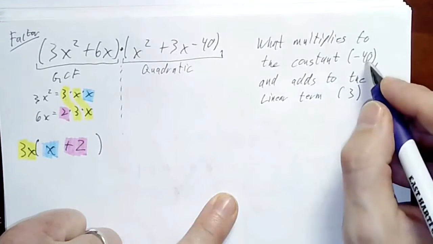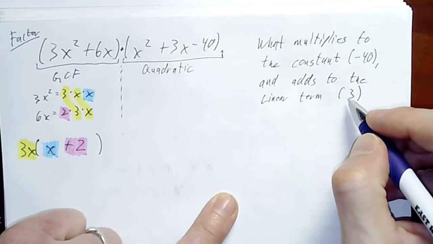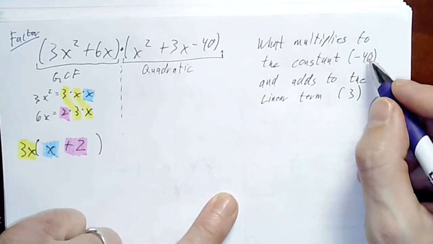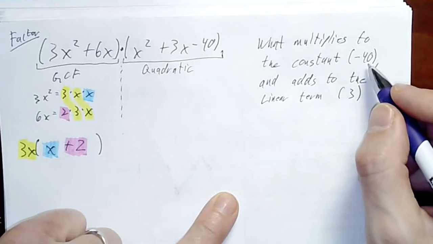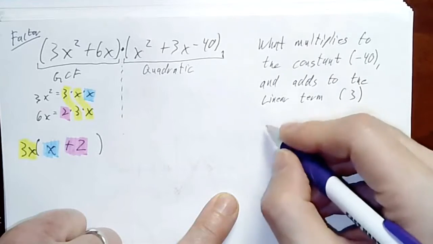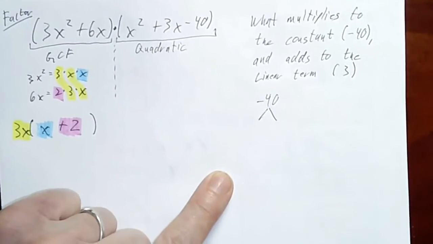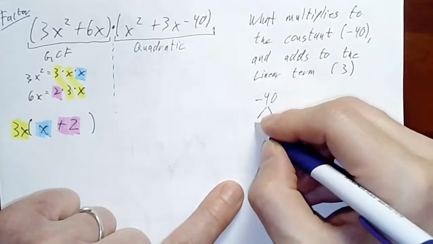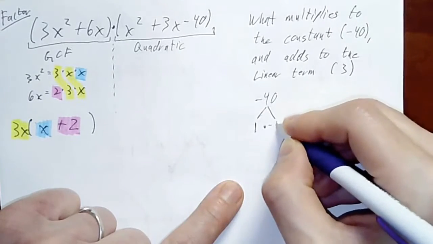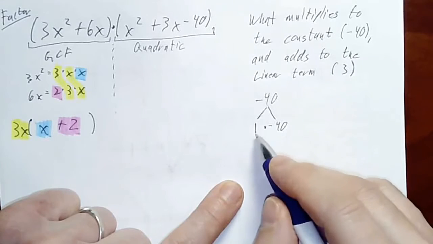So what multiplies to negative 40 but adds to 3? The easiest way to do this is to rewrite negative 40 as factor pairs. Okay, so I'm going to take negative 40 and write out all the different pairs that multiply back to negative 40. I always like to start off easy with 1 times negative 40. I like to start off with 1, and then I just start counting up from there.